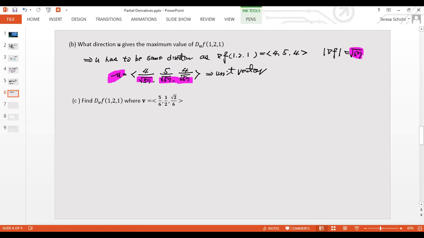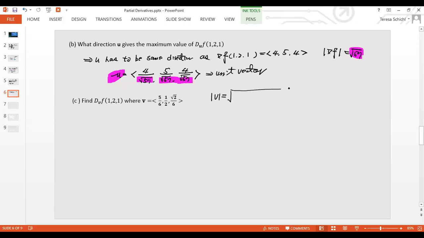Okay, now let's take a look at part C. Let's say that now I'm going to go to v at (1, 2, 1), where v is in this direction. So let's first check to see whether v is a unit vector or not.